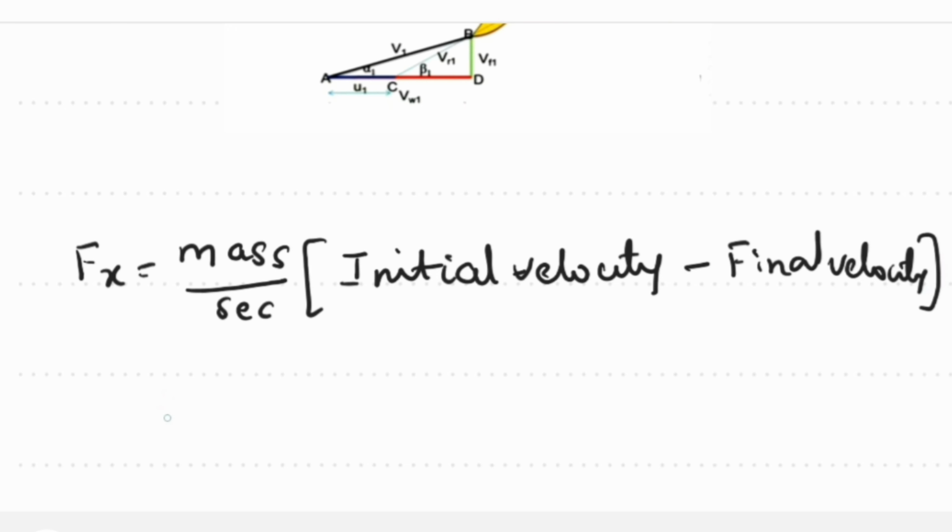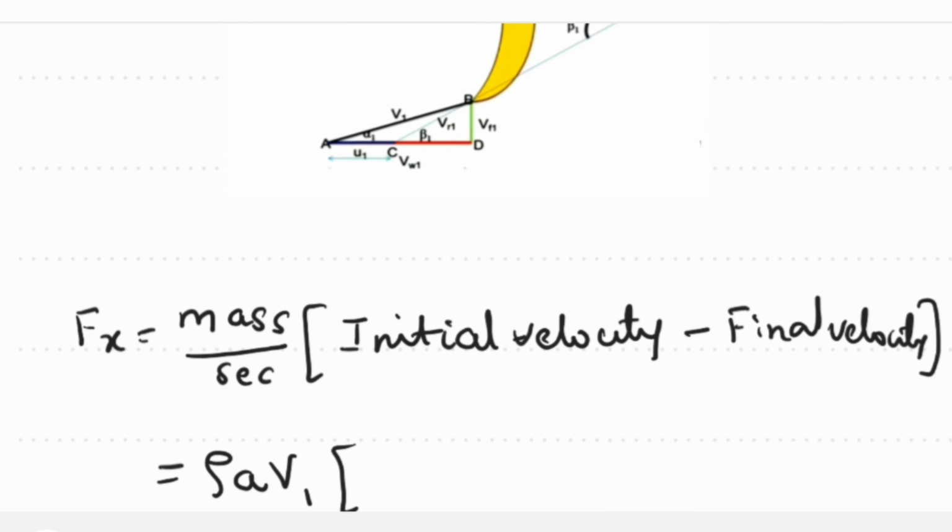So we will take mass per second as rho into a into v1. So this is the difference between single vane and series of vane. In the single moving vane, we multiply with rho into a into vr1. Here for the series we will multiply with v1 into initial velocity.